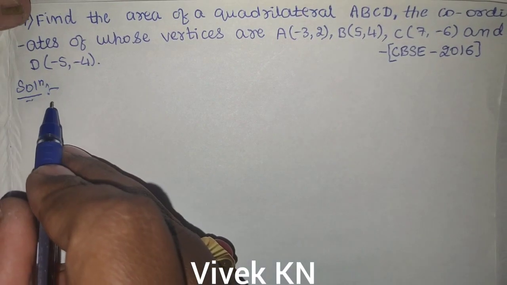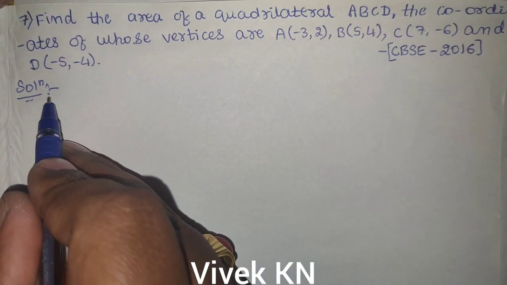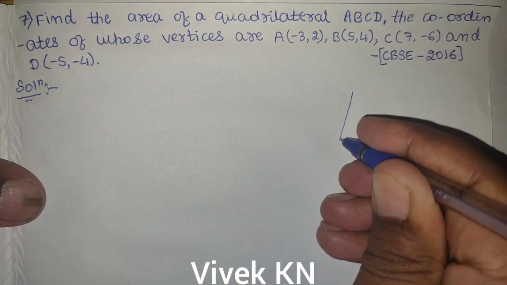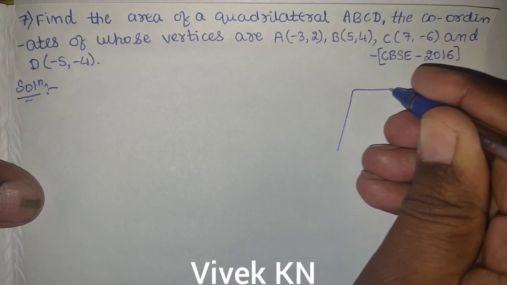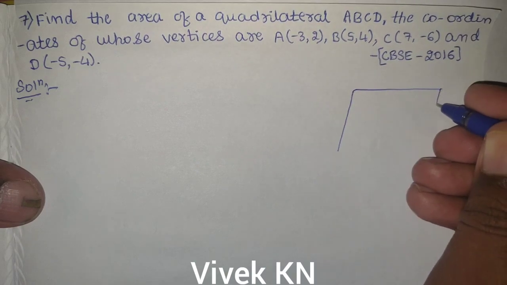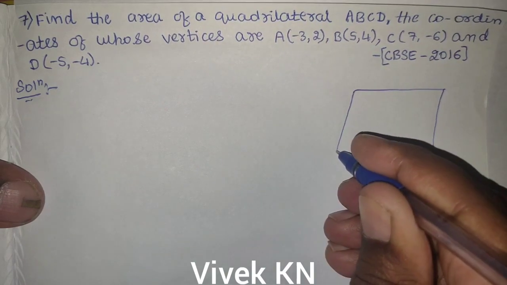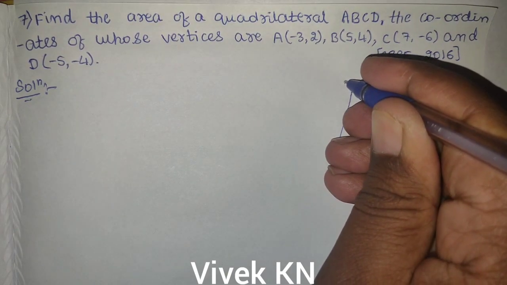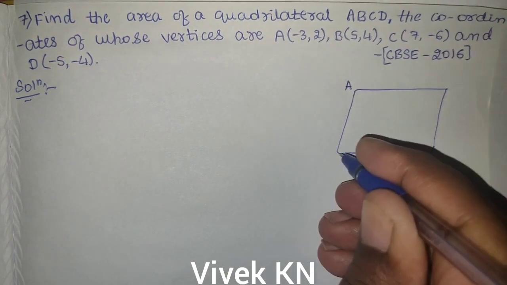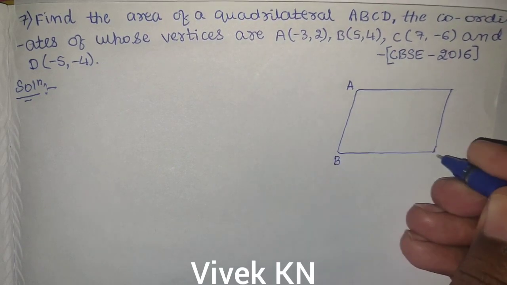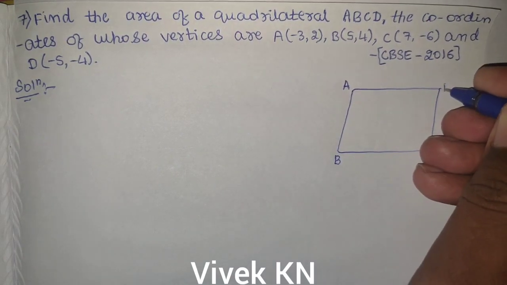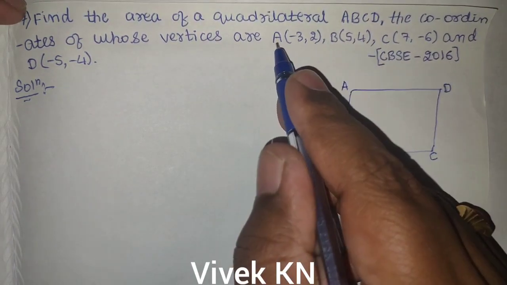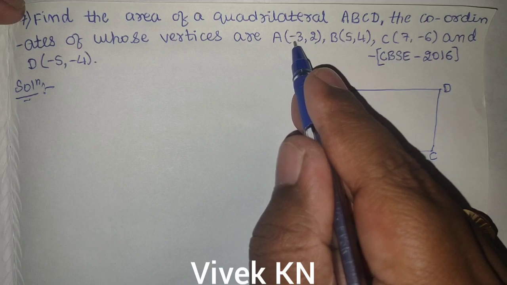To solve this problem, first we need to draw the diagram of a quadrilateral. This is the quadrilateral. This is the point A, this is the point B, this is the point C, and this is the point D. According to the question, the coordinates of the point A is given by minus 3, 2.